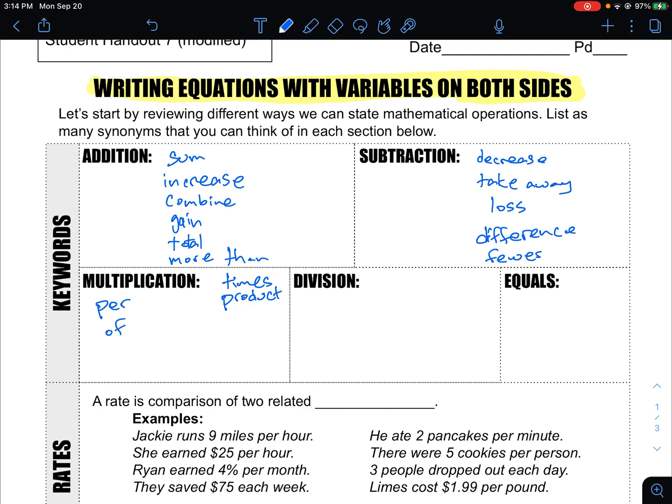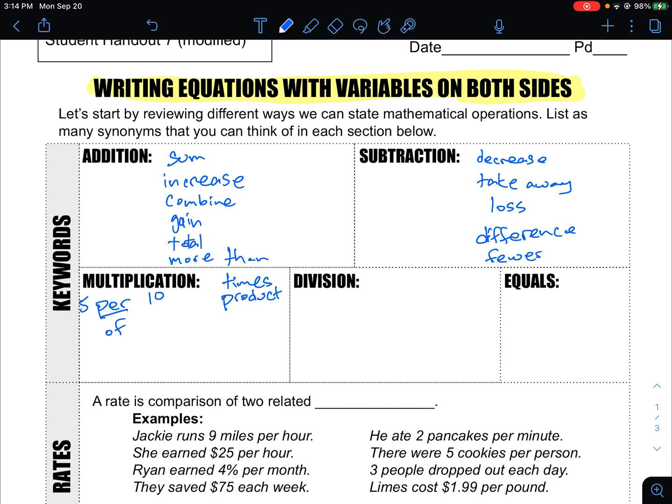Like, for example, 5 per hour. That would be multiplying something. Or 5 per gallon, or 5 per something. Or like 5 gifts per 10 customers, or something like that.